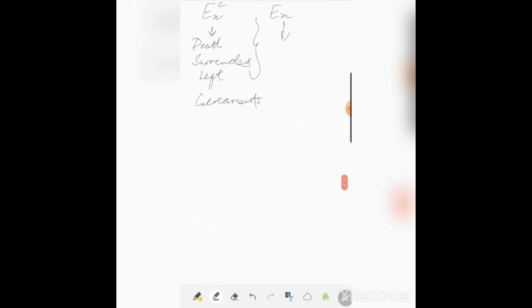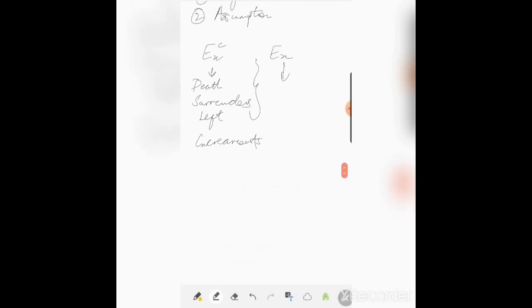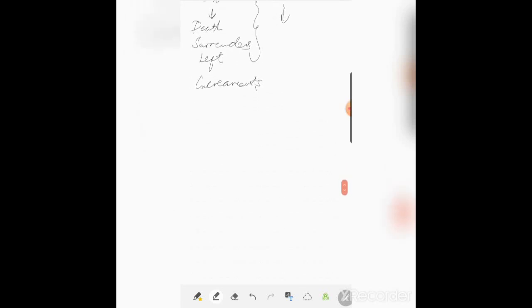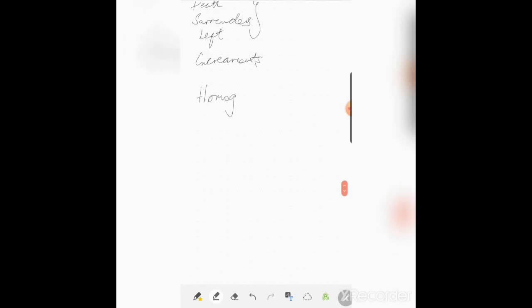Now, the second thing we are more interested in looking at is the concept of homogeneity of the various risk classes.